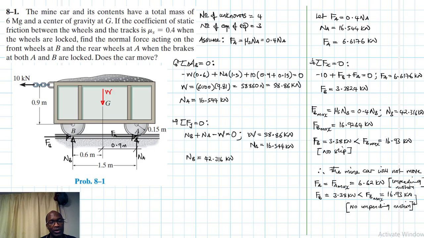At this particular point, FA, or the wheel at A, is at just a verge. Okay, it is at the verge of moving or impending motion, but we still have a lot of force that is required at B, like we've seen here, for it to move.